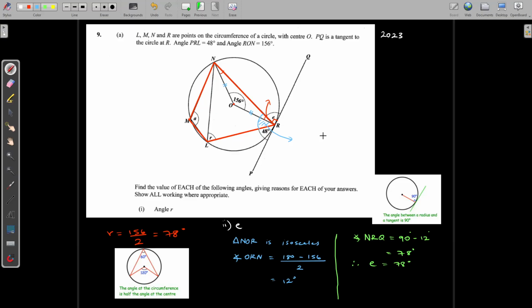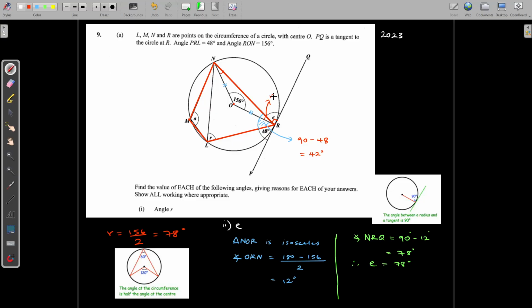Can we subtract 48 from 90? So we can subtract 48 from 90. That gives us 42. So this little piece inside here is 42.